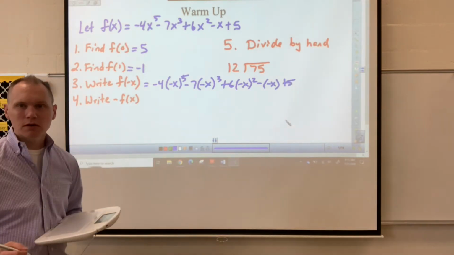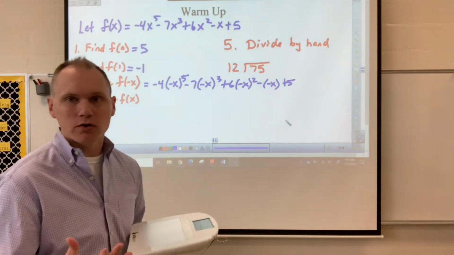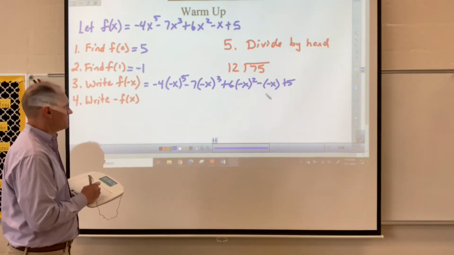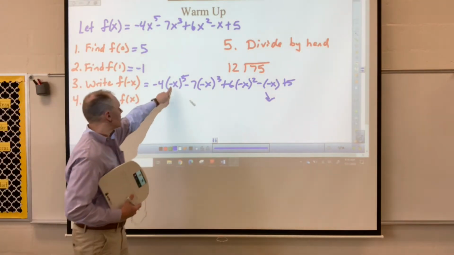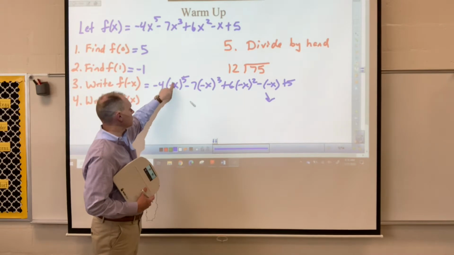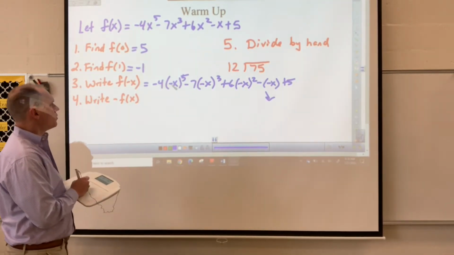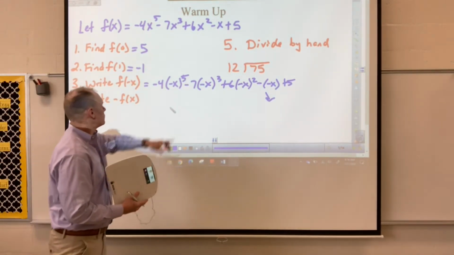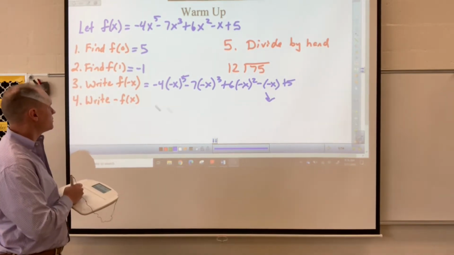So a lot of these we can actually simplify even further. This is a correct version, but we can actually rewrite this. I'm going to do that maybe down here. What we can do is go ahead and raise the -1 part to all of these powers. So -1 to an odd power is still -1. -1 is going to come out of here and multiply by the -4 and make it a +4.